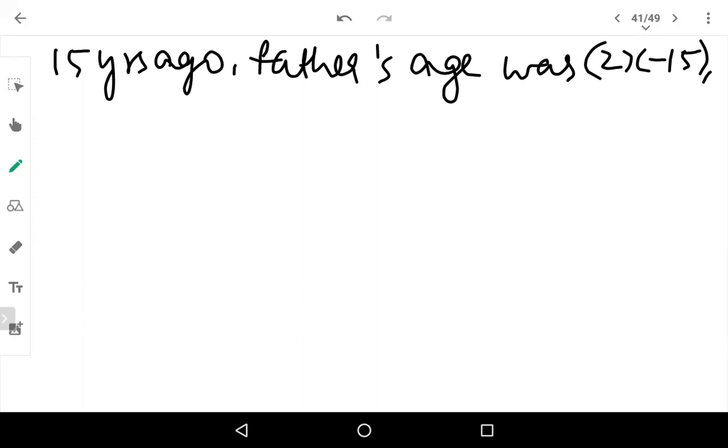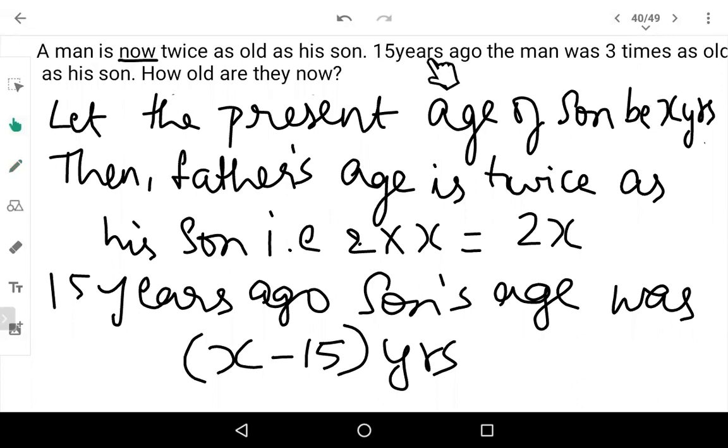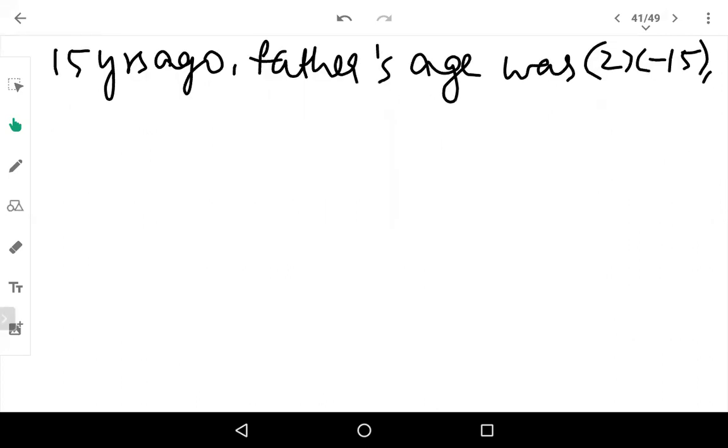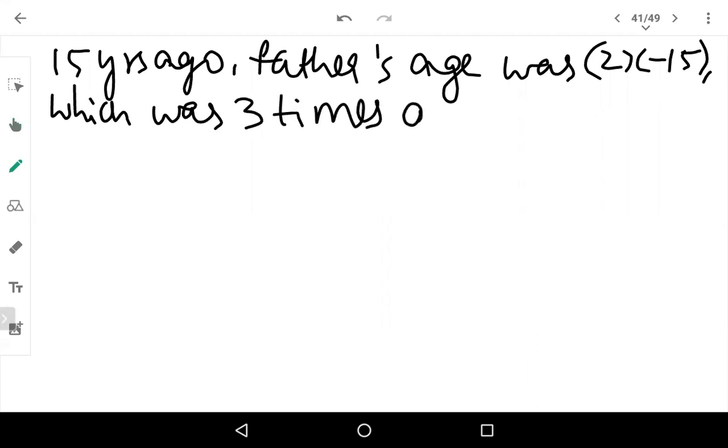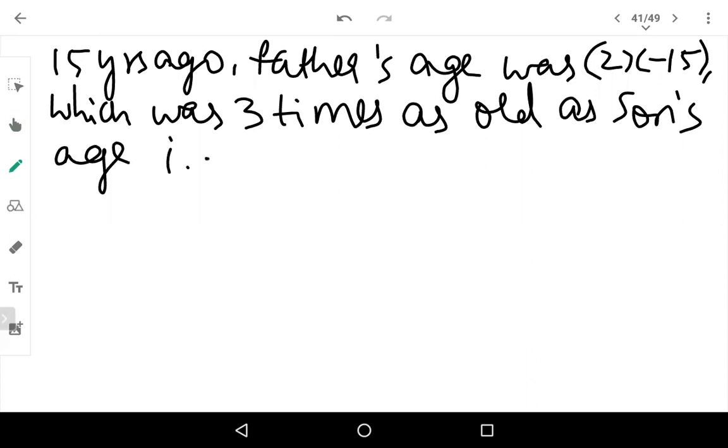But read the question once again. 15 years ago, the man was 3 times as old as his son. He was 3 times as old as his son 15 years ago. Now, continue this. Which was 3 times as old as the son's age.